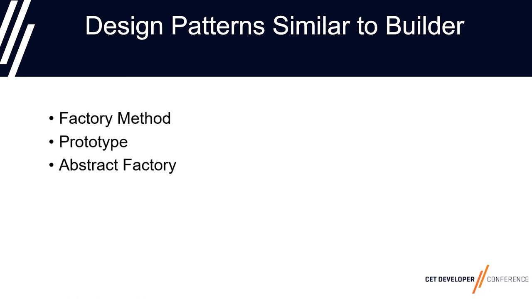We could also talk about the prototype pattern here, which is entirely based around cloning individual objects in order to construct lots and lots of them. So let's say that there's a very high instantiation cost for an object. Well, you can just instantiate one of them, clone it a bunch of times for every time you need one. That's the prototype pattern. An abstract factory pattern is very similar to builder pattern, but with some modifications that make it better for certain use cases.